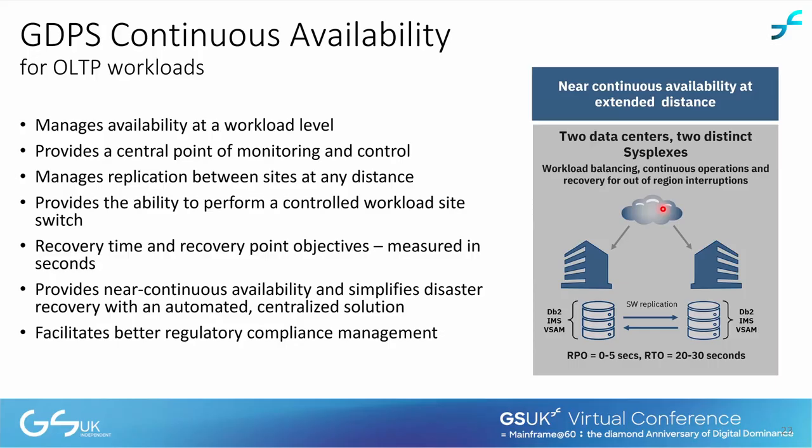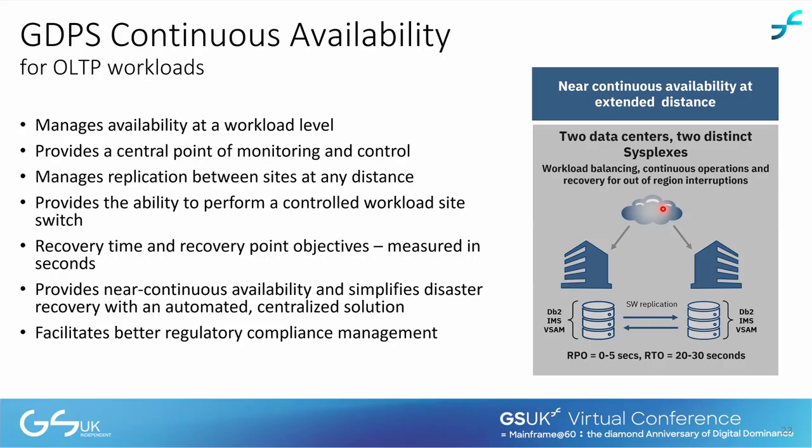Not only that, with continuous availability, we have significantly decreased our RPO and RTO. We've gone from minutes to hours, and now we're down to seconds. RPO is now 0 to 5 seconds, and RTO is between 20 to 30 seconds. And this is done utilizing software-based replication.